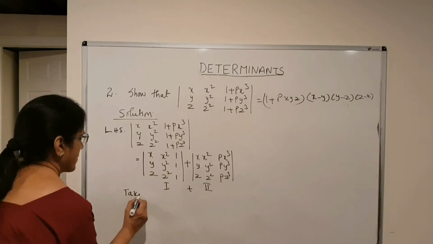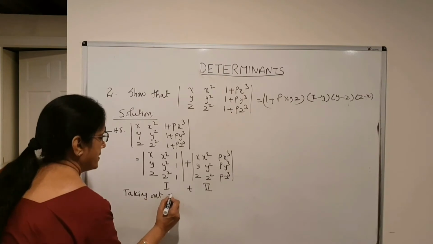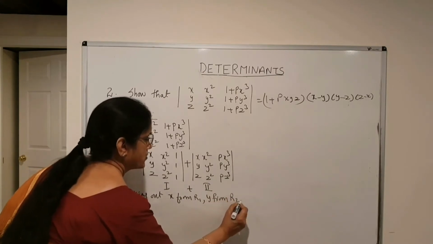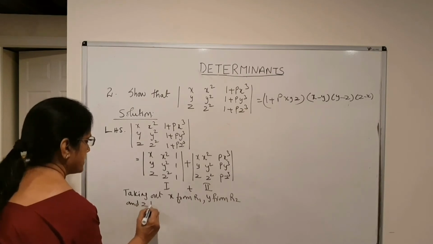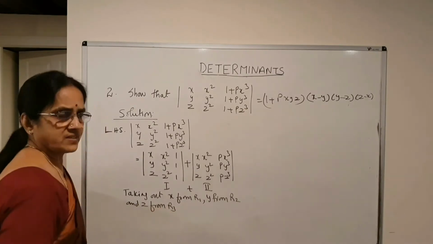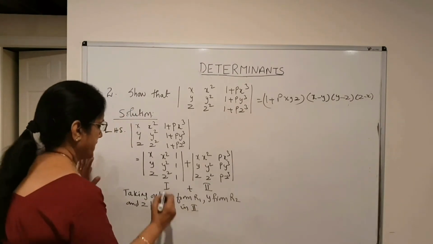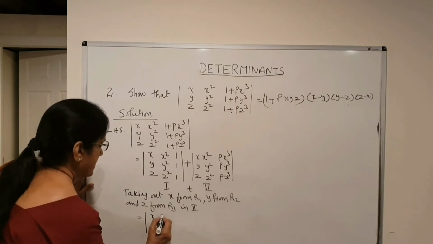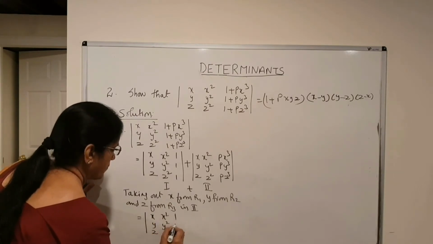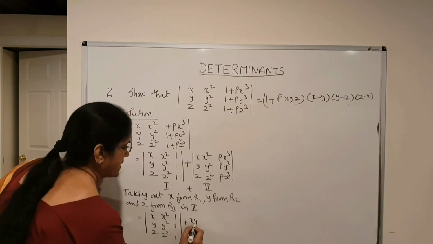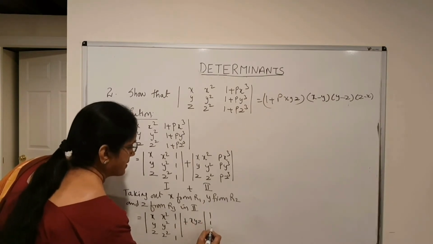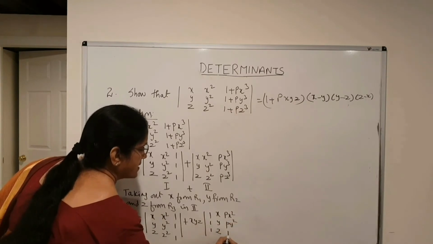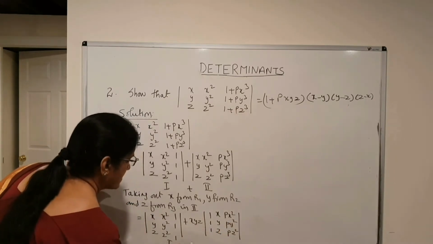Taking out x from R1, y from R2 and z from R3, we get LHS is equal to determinant x, y, z, x square, y square, z square, 1, 1, 1 plus x, y, z into 1, 1, 1, x, y, z, px square, py square, pz square. So this is the first one, this is the second one.